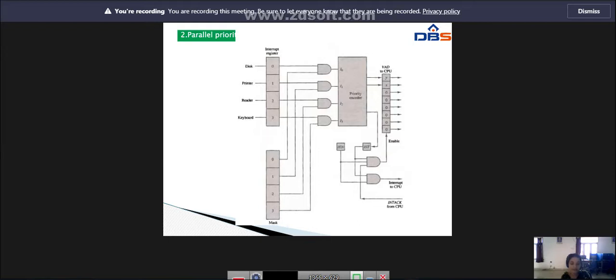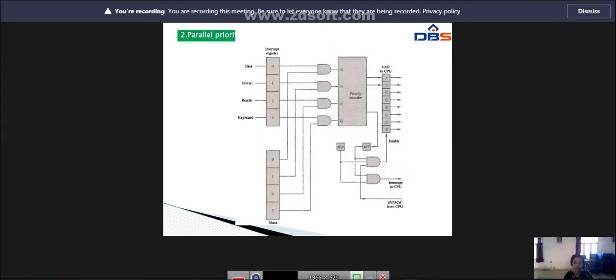The mask register can be programmed to disable the lower priority interrupts while the highest priority device is being serviced. It can also provide a facility that allows a high priority device to interrupt the CPU while a lower priority device is being serviced.